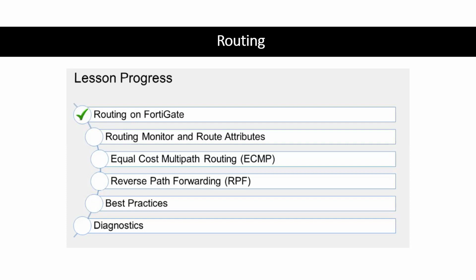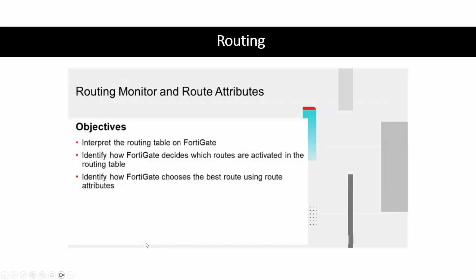I thought it would be A because the policy route takes precedence over the static route. Let me read the question again. I think it's B, because if it's not the policy route, it has to use the static route, the regular routing table.